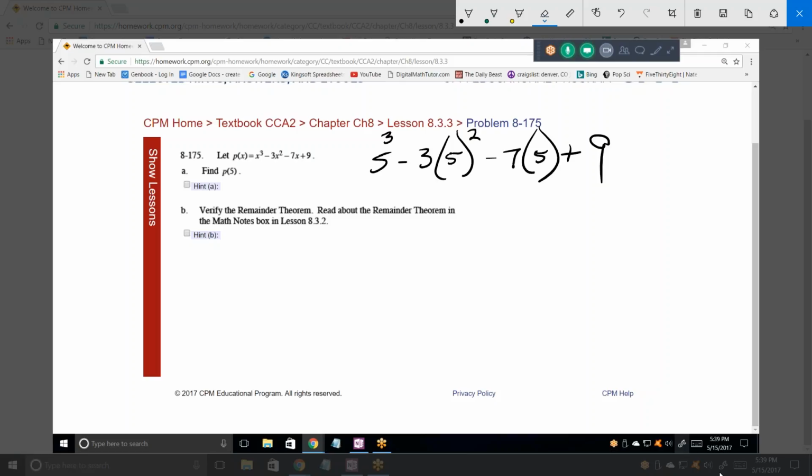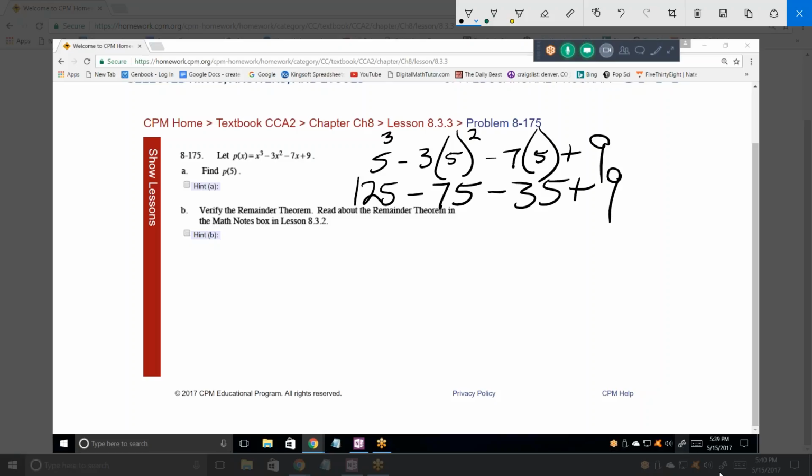That if 5 is a 0 for this polynomial, then when I divide that polynomial by x minus 5, I will get a remainder of 0. Or if I just do this calculation and I get 0, it means that 5 is a 0. What do I get when I do this calculation? 125 minus 75 minus 35 plus 9.